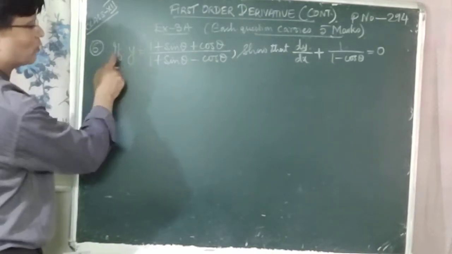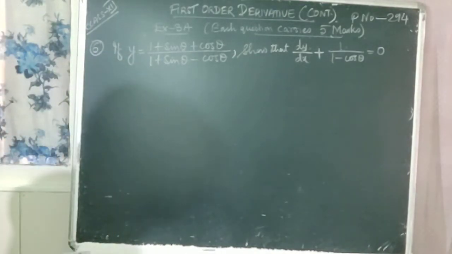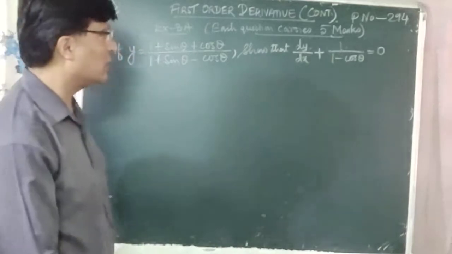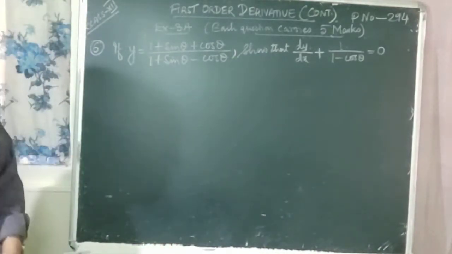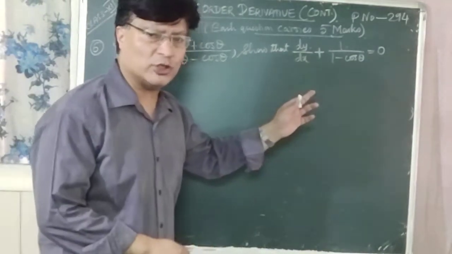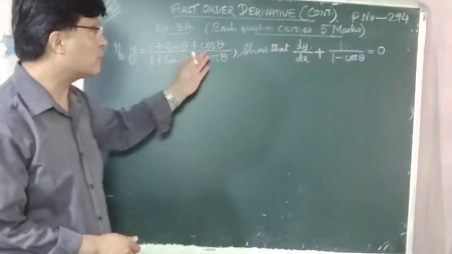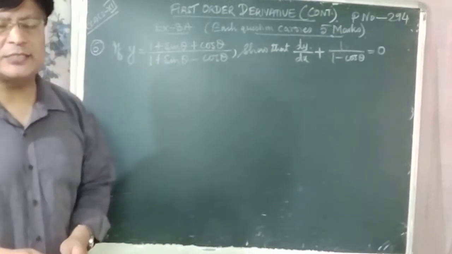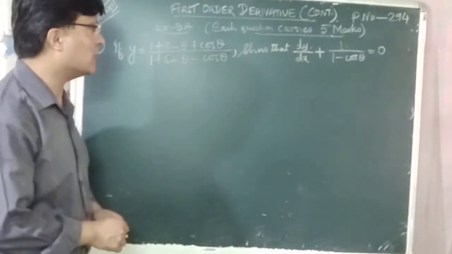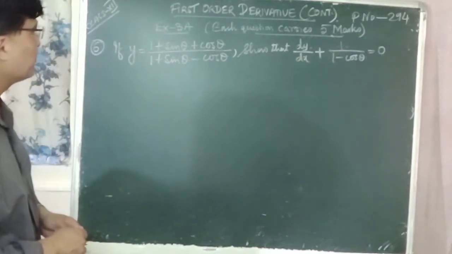If y is equal to (1 plus sine theta plus cos theta) divided by (1 plus sine theta minus cos theta), so that dy by dx plus 1 upon 1 minus cos theta is equal to 0. So from this given you have to prove the value for dy by dx plus 1 upon 1 minus cos theta is equal to 0.